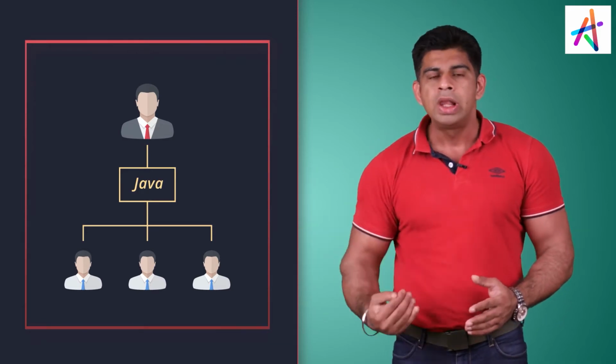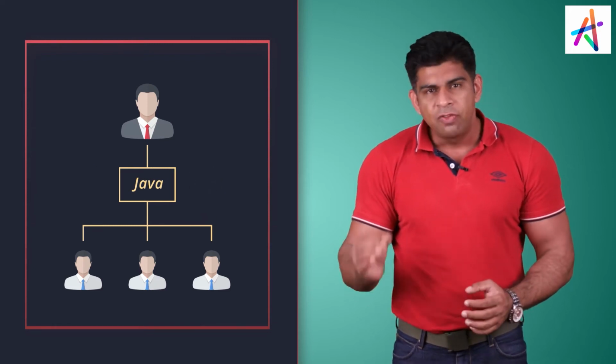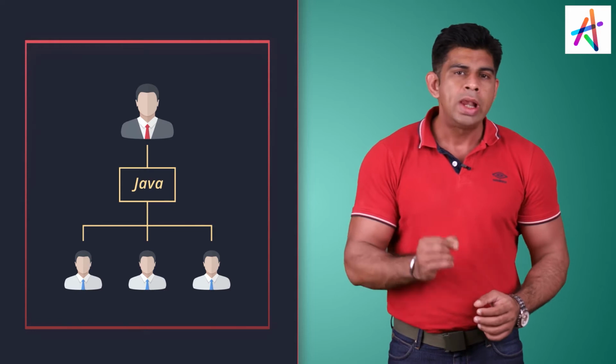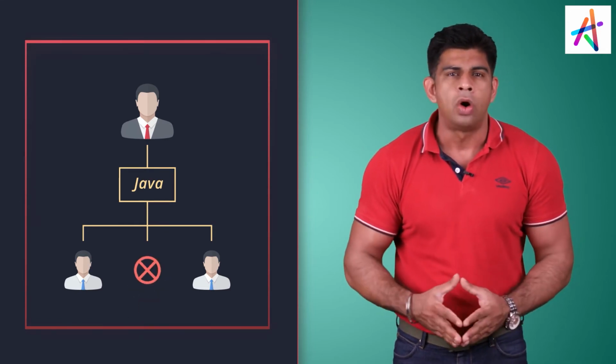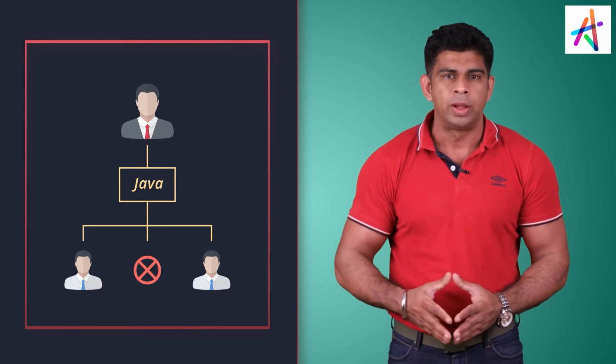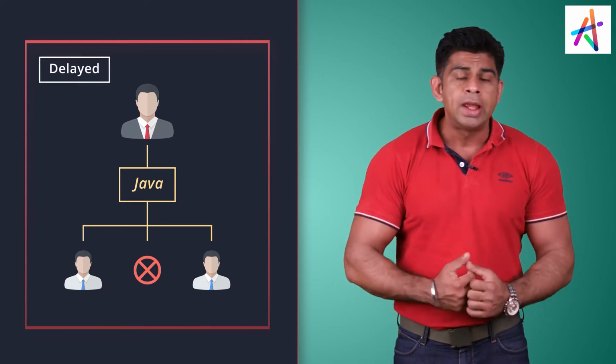All of us will have our resources skilled on Java, right? Every project will have one particular risk that our team members might leave the organization when the project is underway. If that happens, my project will be delayed.